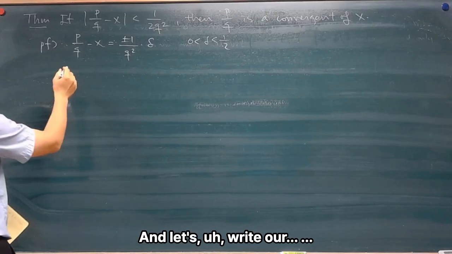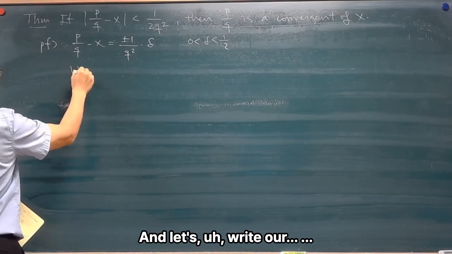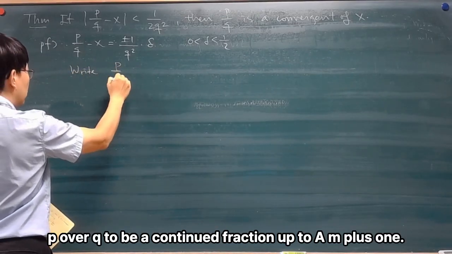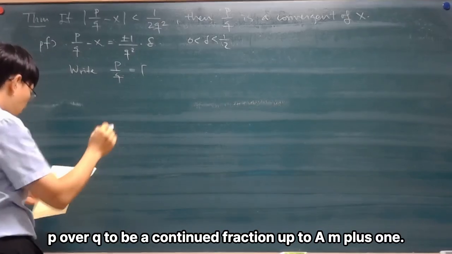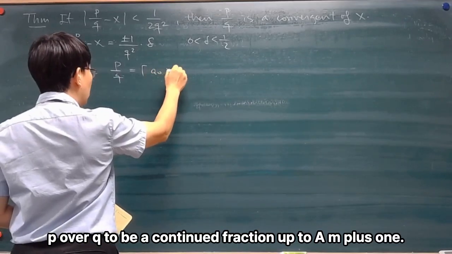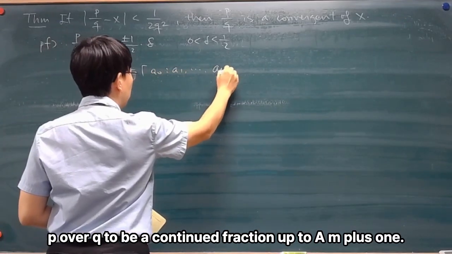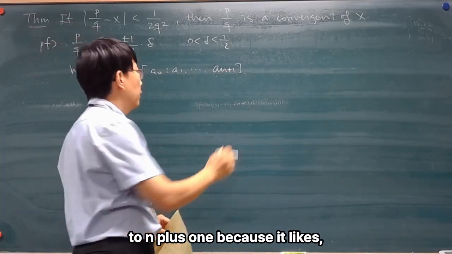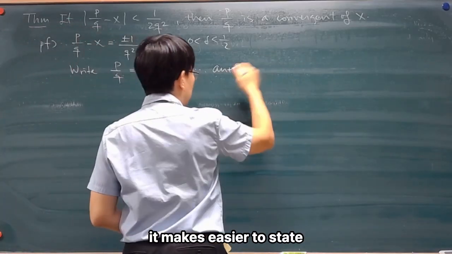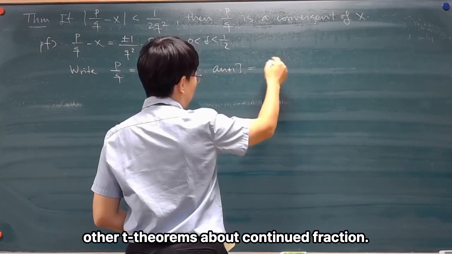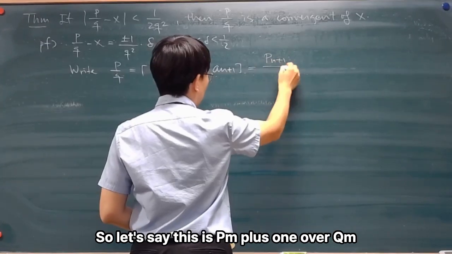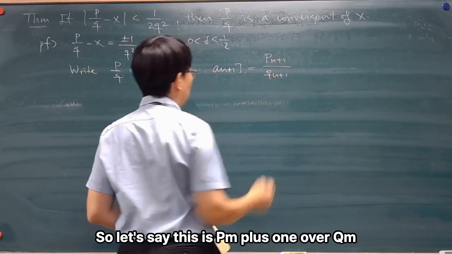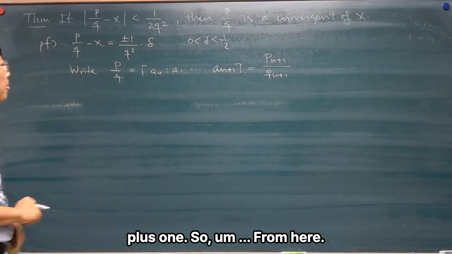And let's write our P over Q as a continued fraction up to a_{n+1}. I like the index up to n plus 1 because it makes it easier to state other theorems about continued fractions. So let's say this is P_{n+1} over Q_{n+1}.